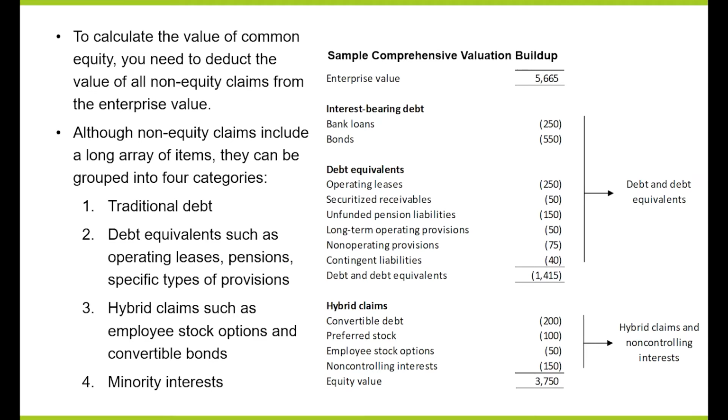All of this stuff is owed to somebody other than the owners, right? And so they have a claim on the firm's value. And that claim needs to be valued and deducted before we can estimate the equity value, what the firm's owners actually own. And that's the last step.